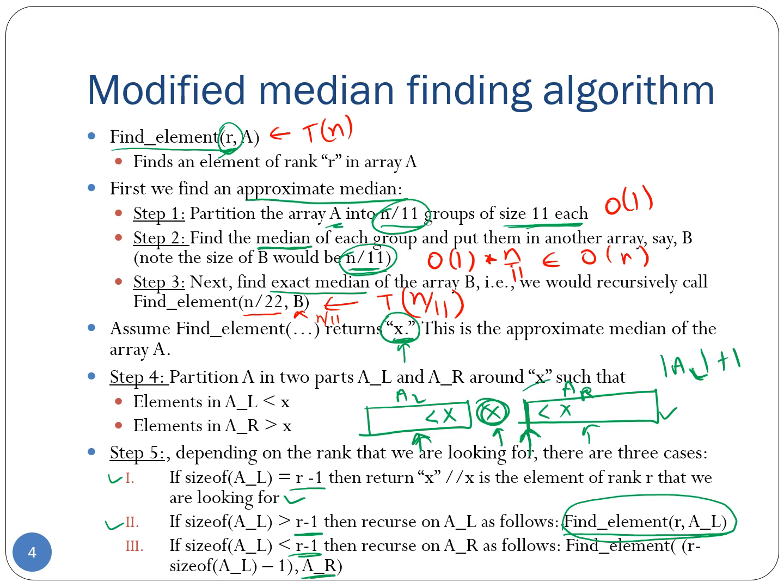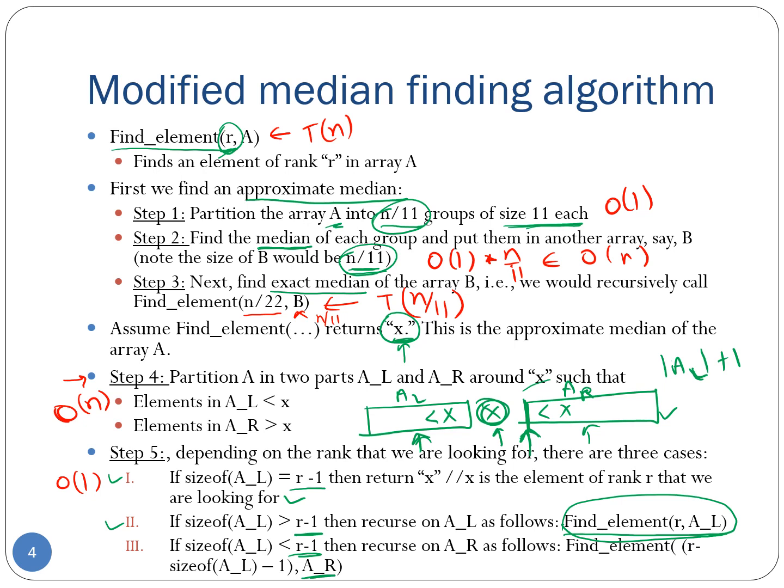Now for partitioning, we are using the partition function in quicksort, which at most takes order n time, linear time. Now what about the last step, right? If the element that we are looking for is x itself, then returning x in this case is order 1, that doesn't take much time. Now the other two cases are slightly more involved.